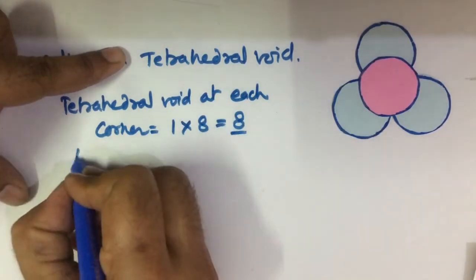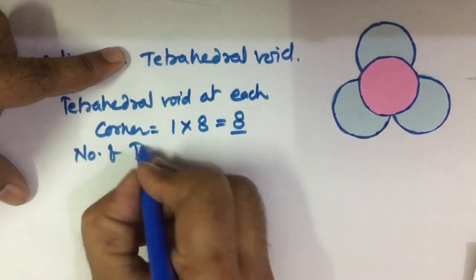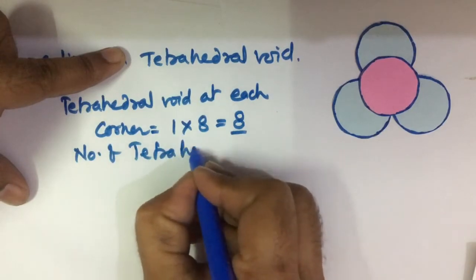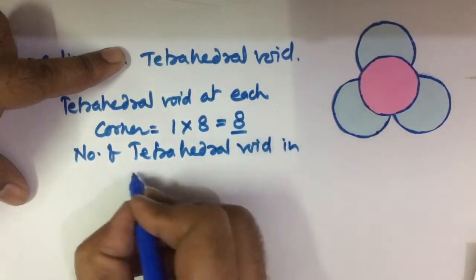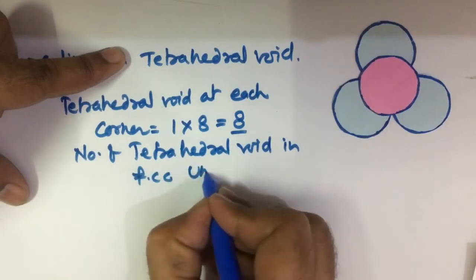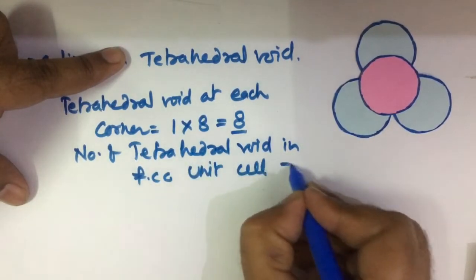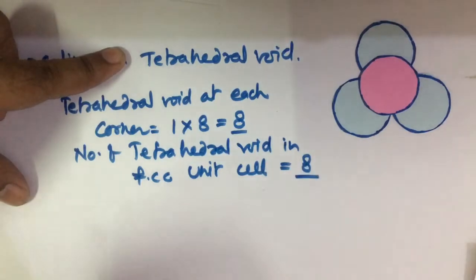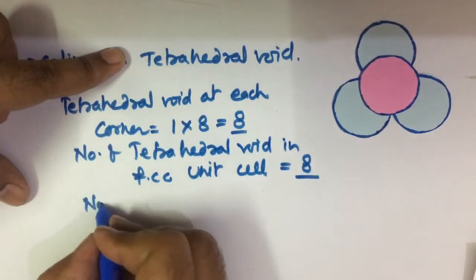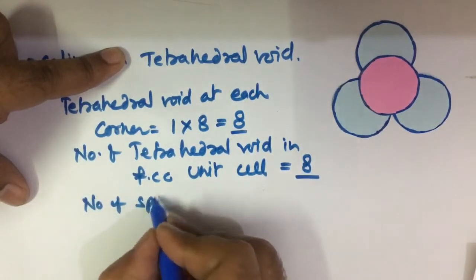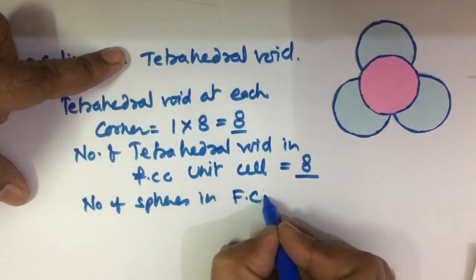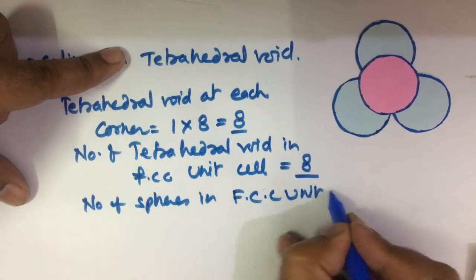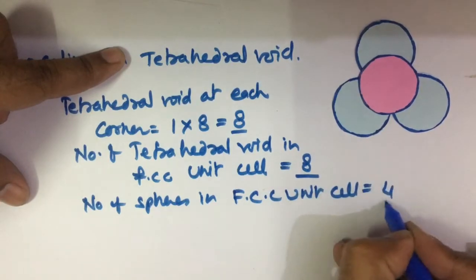So the number of tetrahedral voids in an FCC unit cell is equal to 8, and as we know, the number of spheres in an FCC unit cell is 4.